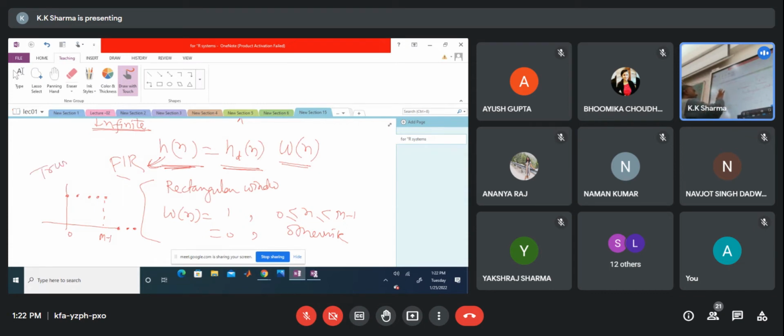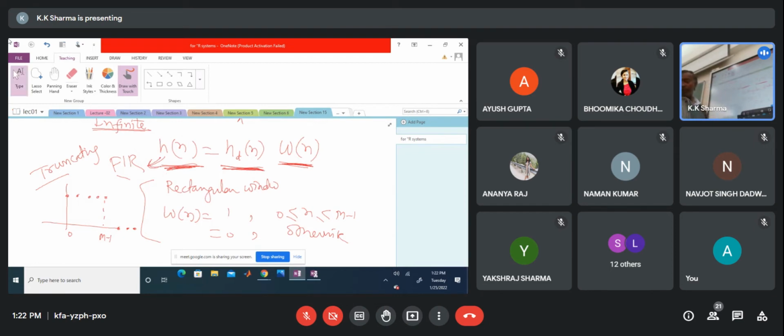You are truncating essentially your h_d(n), which is of infinite duration. But you know very well that if you multiply two functions in the time domain, the effect on the frequency domain is convolution.